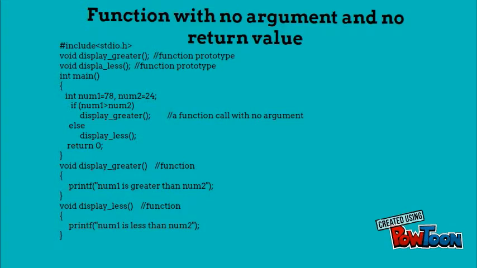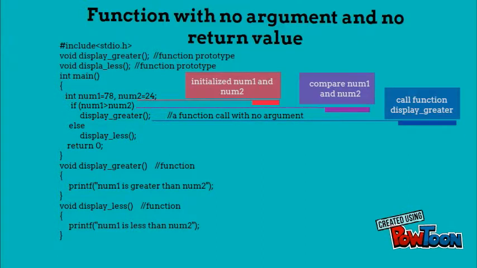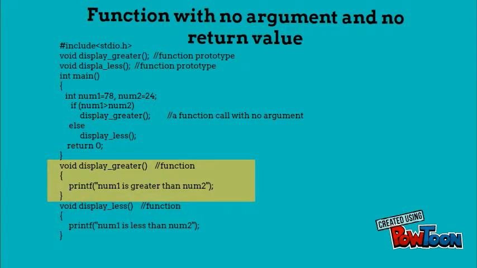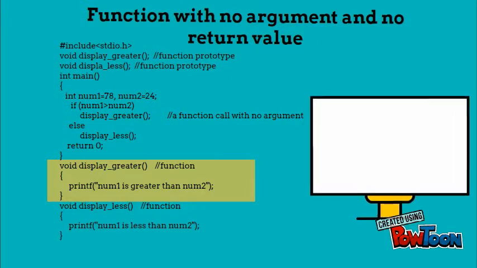In this programming code, two variables will be initialized and then compared in the main function itself, and then the respective function will be called to display the result. Since 78 is greater than 24, so num1 is greater than num2 will be displayed.